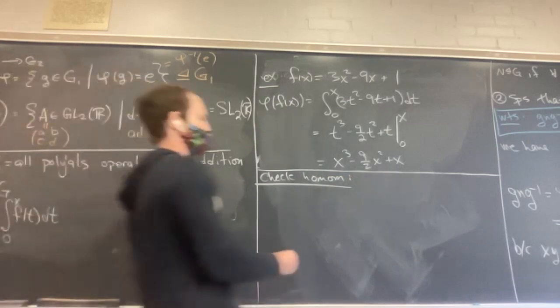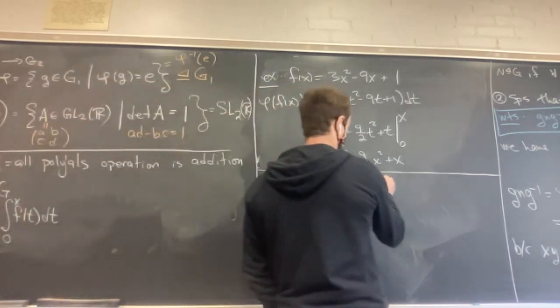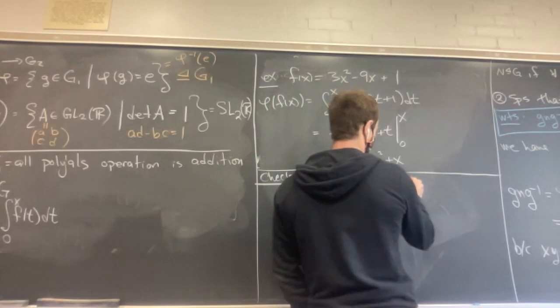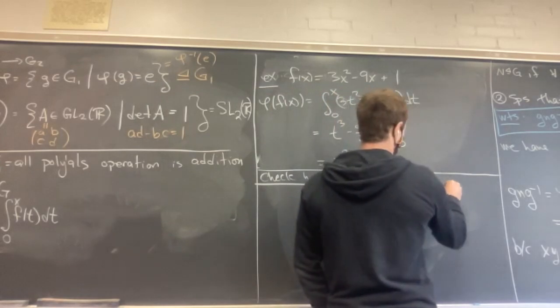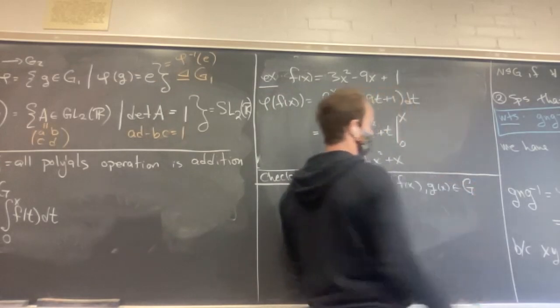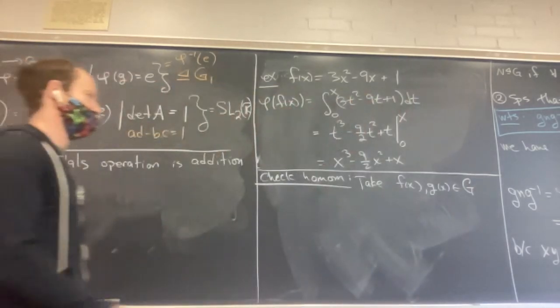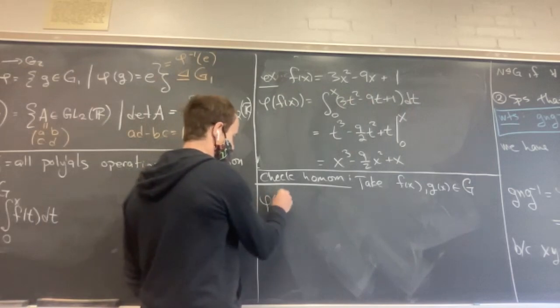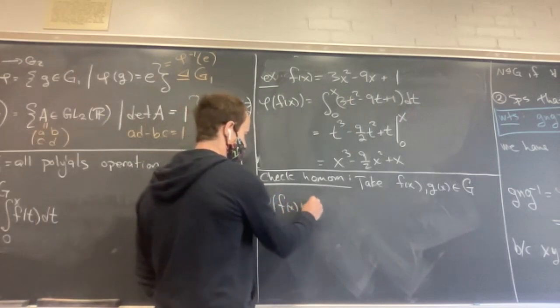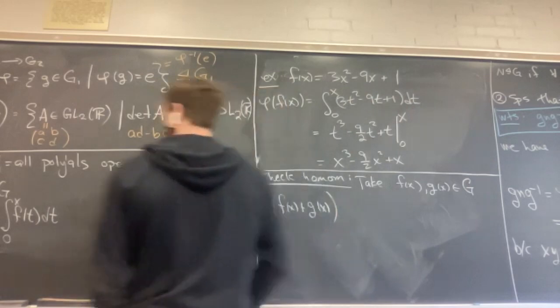So let's take f of x and g of x in this thing that we're calling our group G, which is just polynomials. And let's calculate phi of f of x plus g of x.